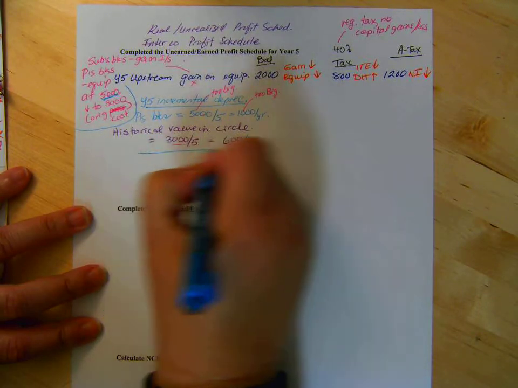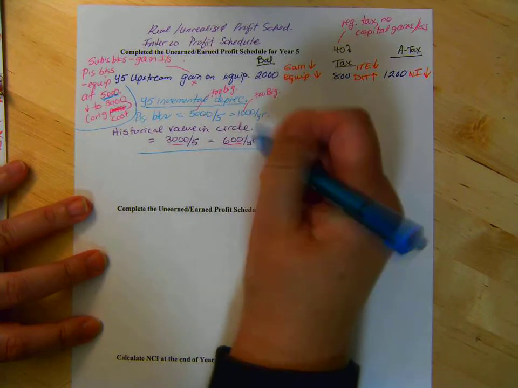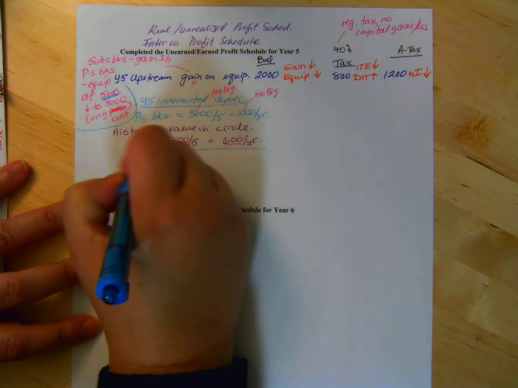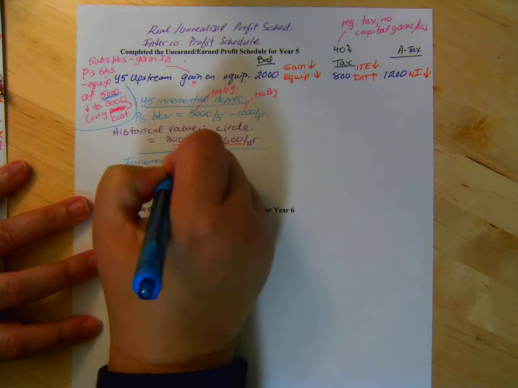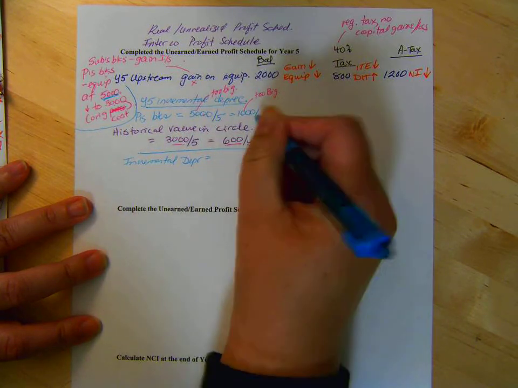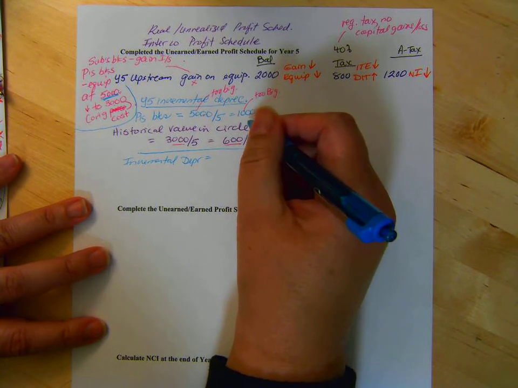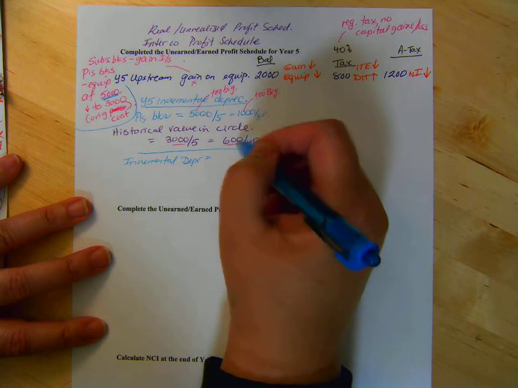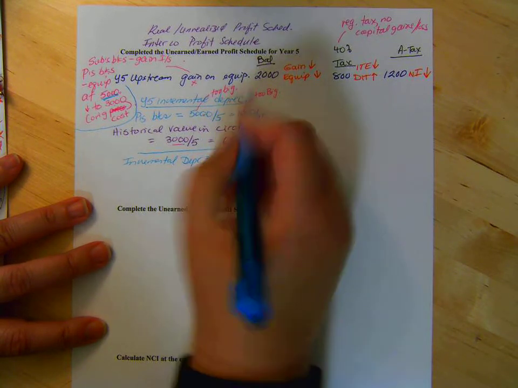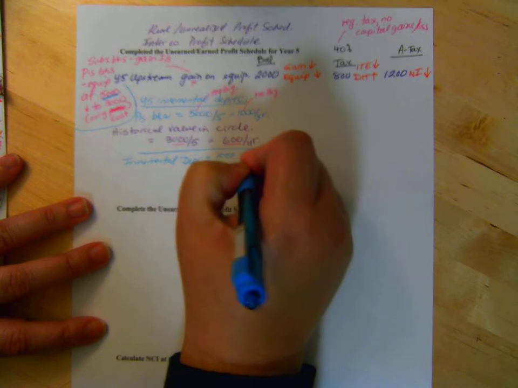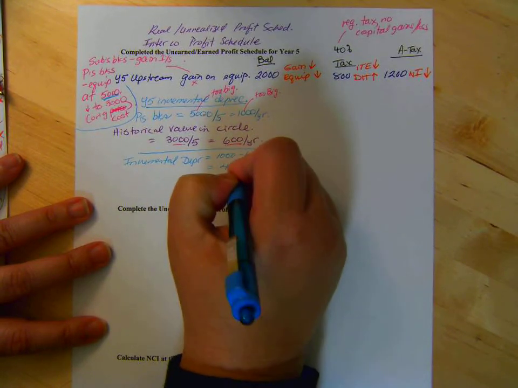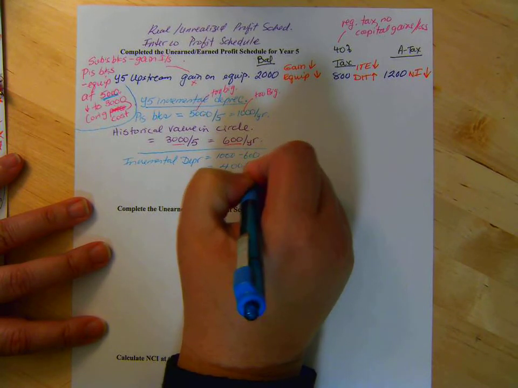So the difference between those, that's incremental, equals 1,000 minus 600 equals 400 per year.